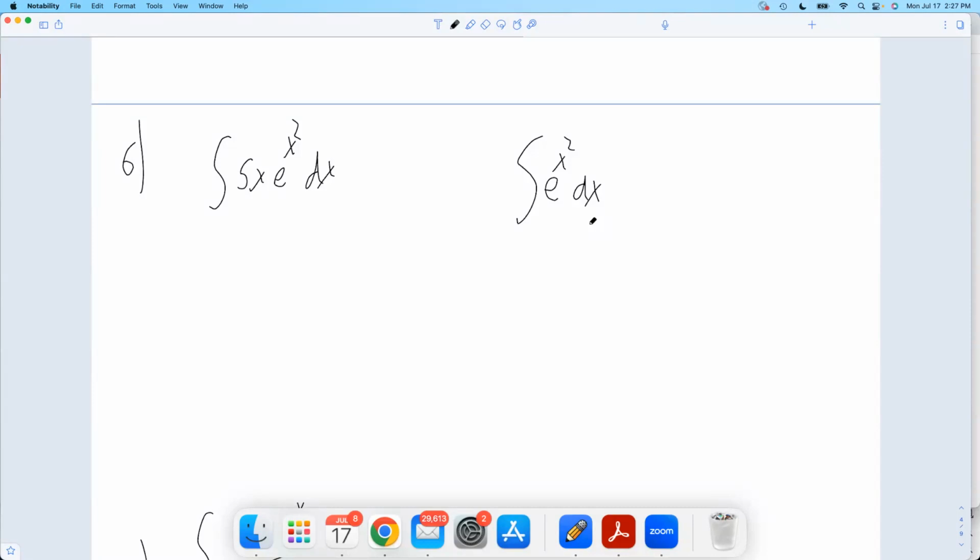It's much easier to take derivatives than it is to take antiderivatives. This guy does not have a simple elementary antiderivative that you can write down in a finite number of steps. This is a different problem.